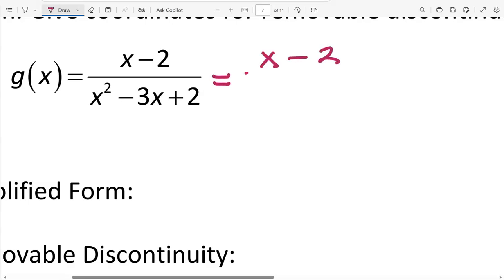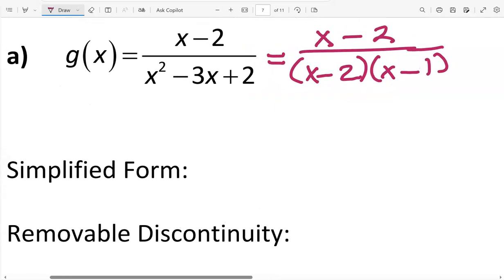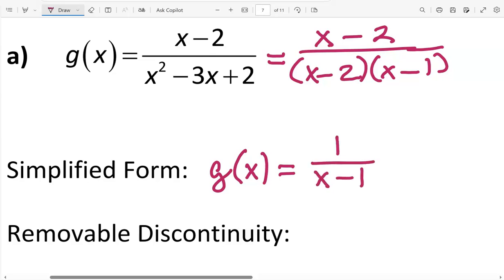This can be simplified by factoring the denominator, x minus 2 times x minus 1, and when we simplify, we can remove that factor of x minus 2. That's going to produce a removable discontinuity. When we factor and cancel, that will leave us with a simplified form of 1 over x minus 1.